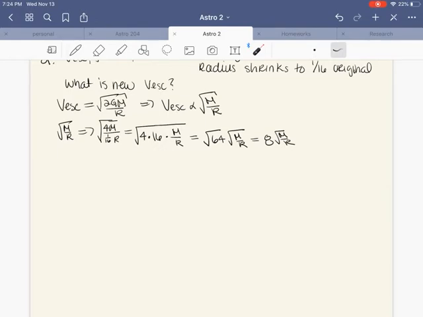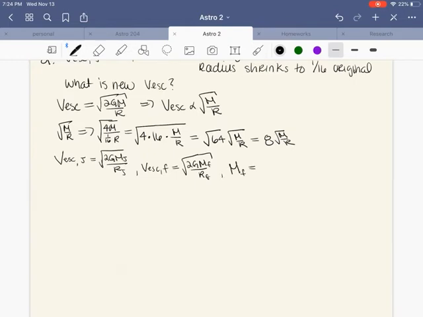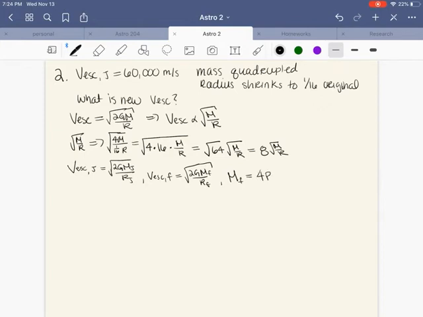So if I'm going to do this the longer way, the escape velocity for Jupiter is root 2G mass of Jupiter over radius of Jupiter. So that's our initial state. The escape final is going to be equal to root 2G M final over radius final. And we also know that our final mass is 4 times the mass of Jupiter, and our final radius is 1/16 the radius of Jupiter.